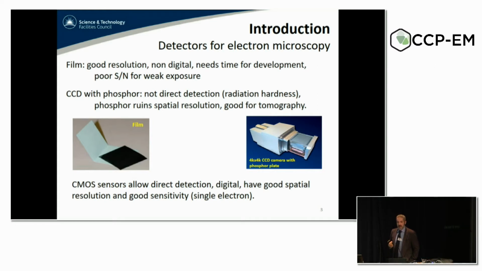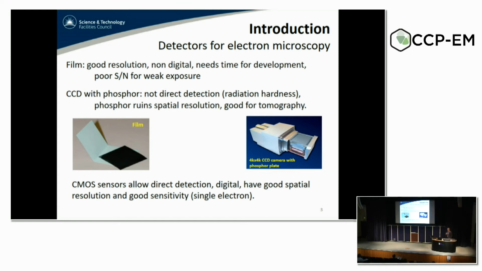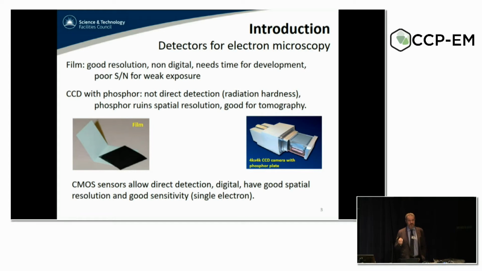They were replaced, starting from the early 90s, if I'm not mistaken, with CCD coupled with phosphor. They had the advantage of being very good, for example, for tomography, with digital recording, so your image was out very quickly. But the phosphor will somehow affect the quality of your image, and it is also non-direct detection because you're going through this phosphor.